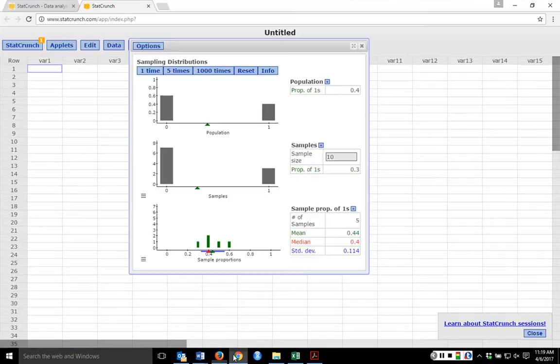I'll go back to StatCrunch so you can see where I'm getting that. The mean that we got is 0.44. The median that we got was 0.4. And our standard deviation that we got was 0.114.